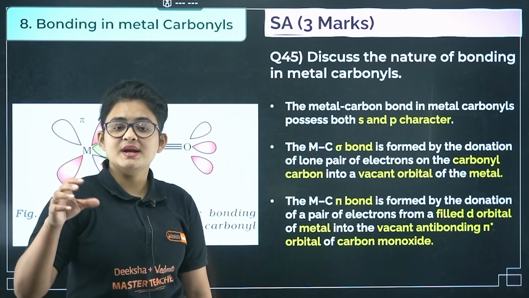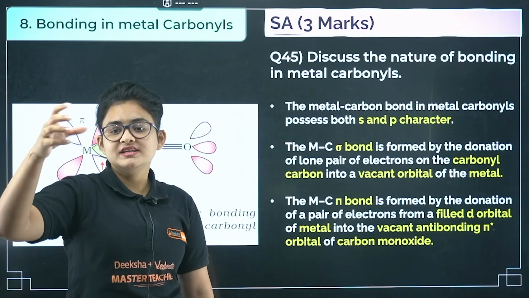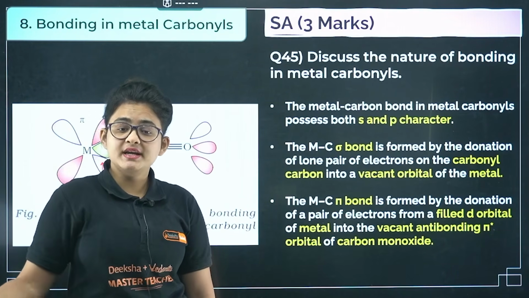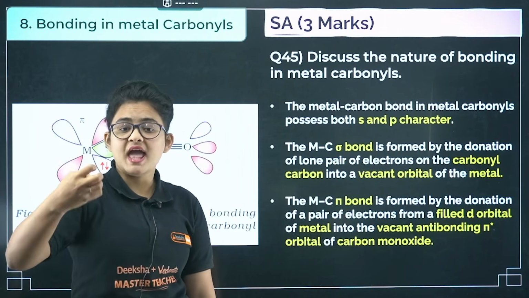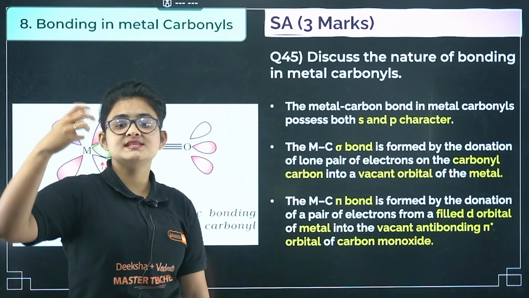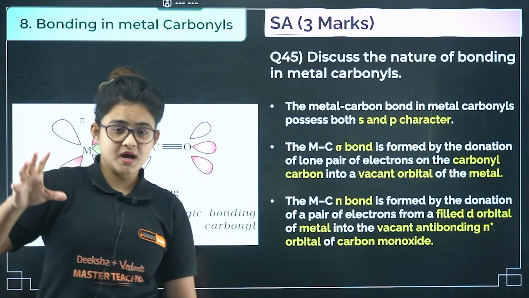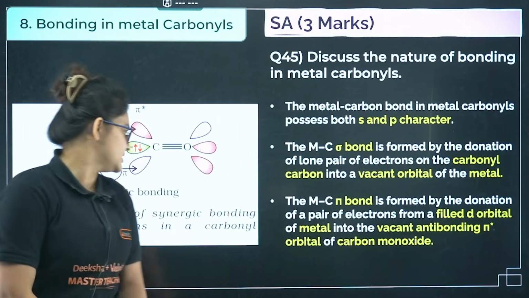Further, the metal gives electron cloud back to the carbonyl, creating some pi character as well. The carbonyl accepts the electron cloud in its antibonding pi star orbital. As a result you get both sigma and pi character, a back bonding, which is called synergic bonding.